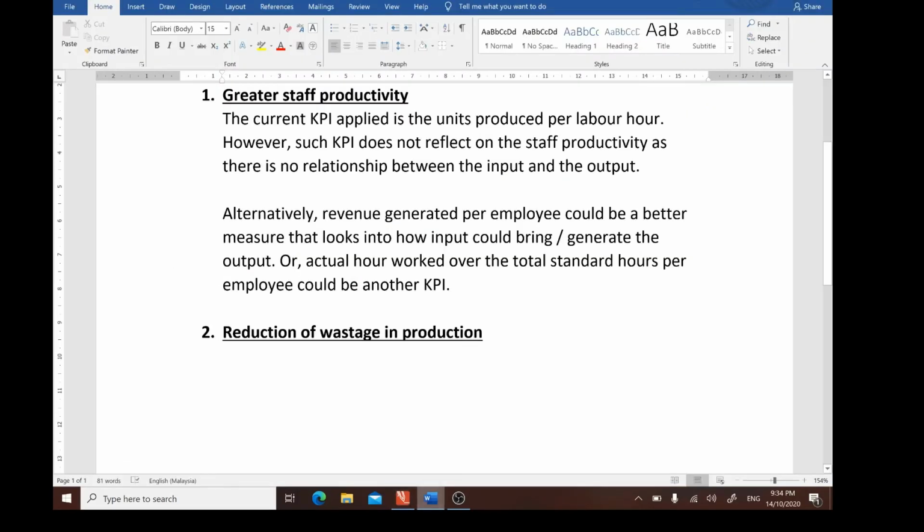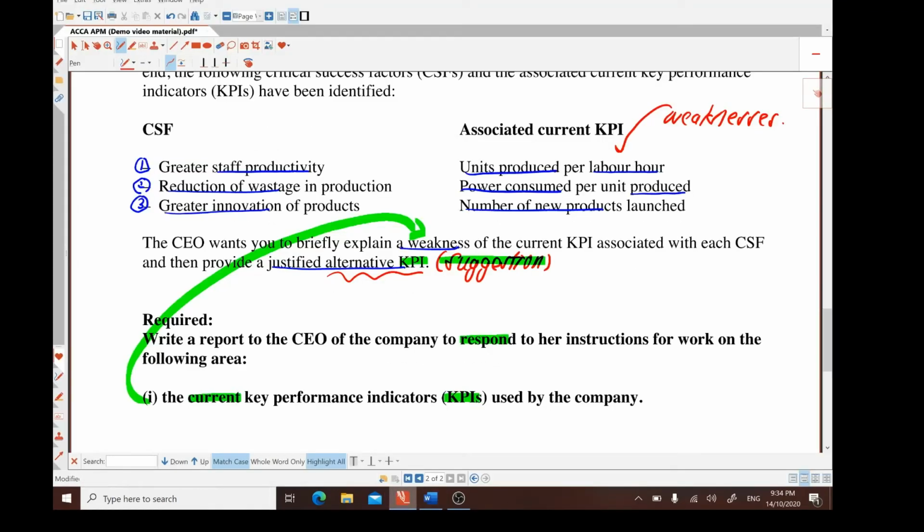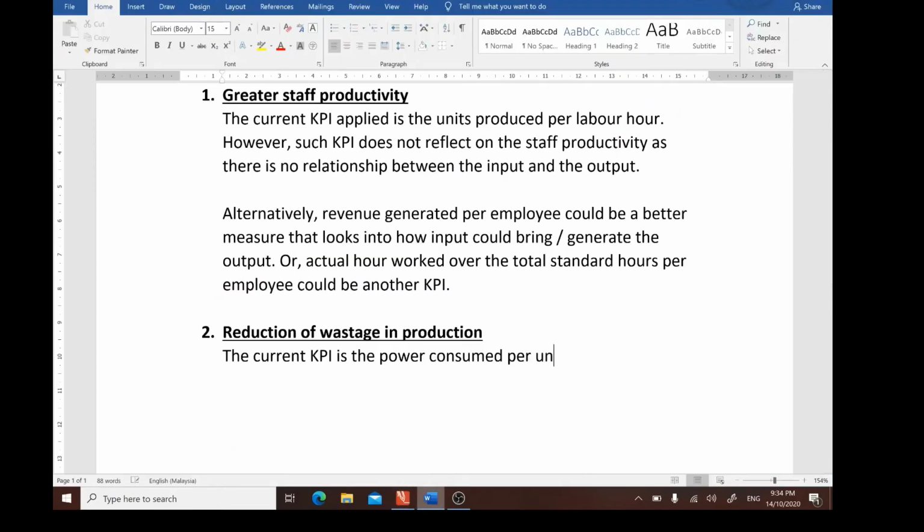So, we say the current KPI is the power consumed per unit produced. All right, so that's the one.